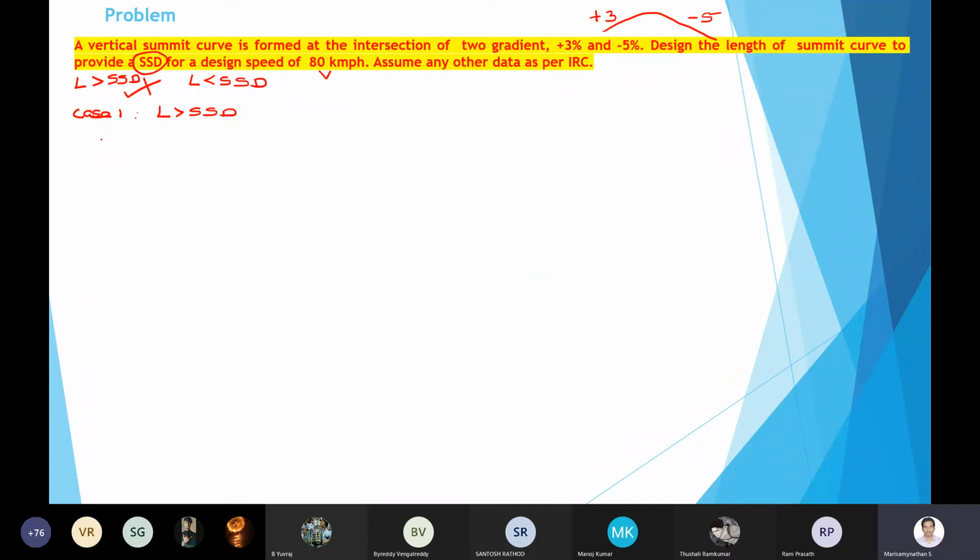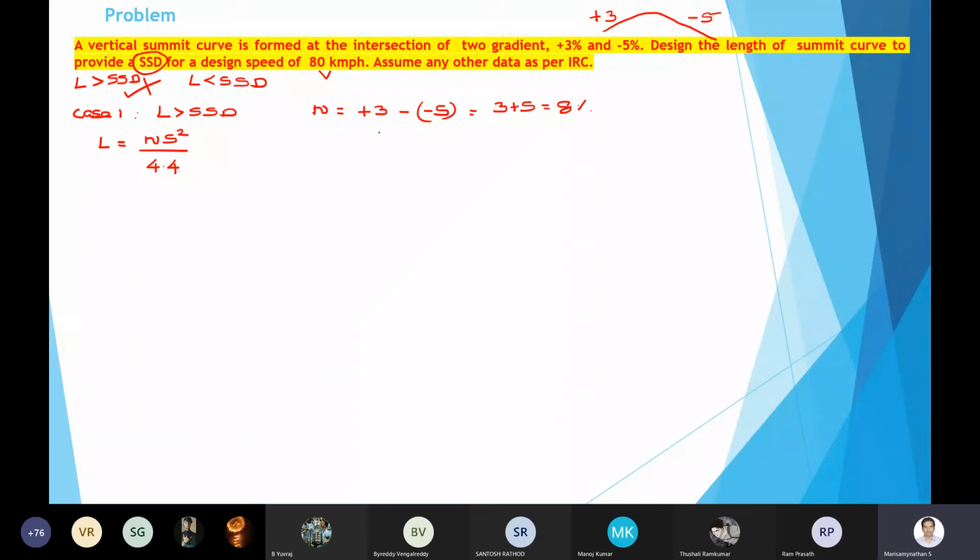The equation is length equal to N into S squared divided by 4.4. The N is the algebraic deviation, the angle between the gradients. So plus 3 minus minus 5, that is 3 plus 5, 8.